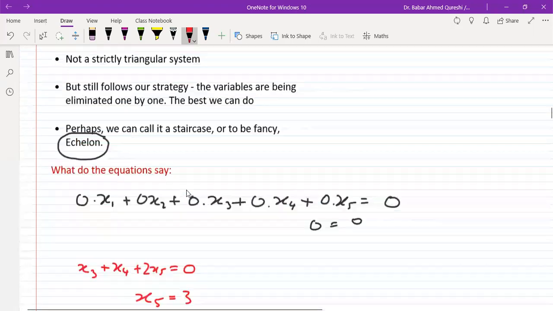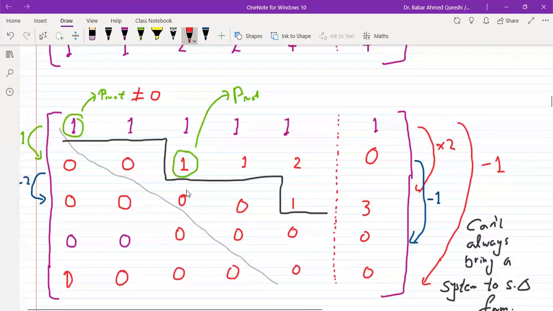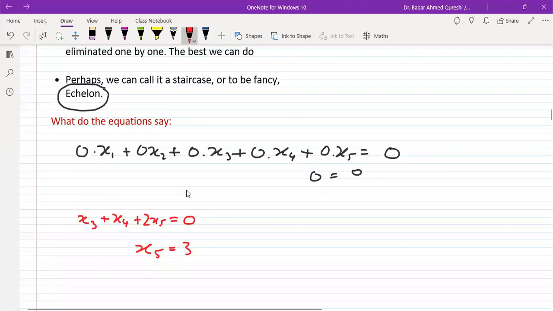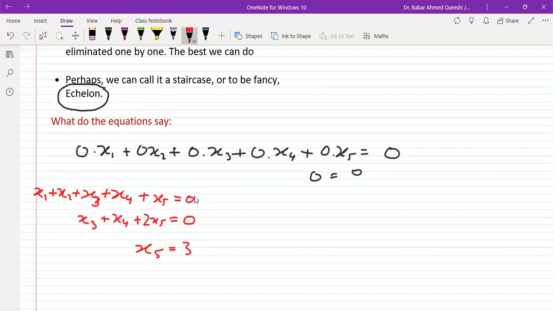Just collecting the coefficients. And the first one is very simple. You add all of these guys. x3 is 0. And no, it's 1.